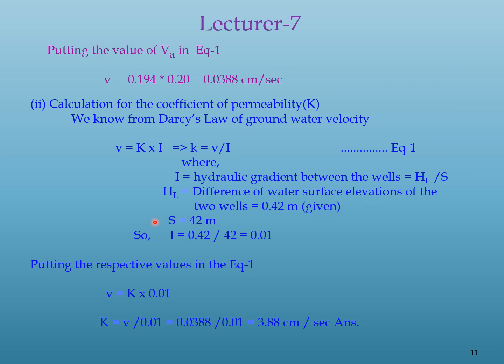S is the distance between two observation wells, and it is also given in the question as 42 meter. So we can calculate I as 0.01. Putting the values in equation 2, we can calculate the value of K or coefficient of permeability as 3.88 centimeter per second.